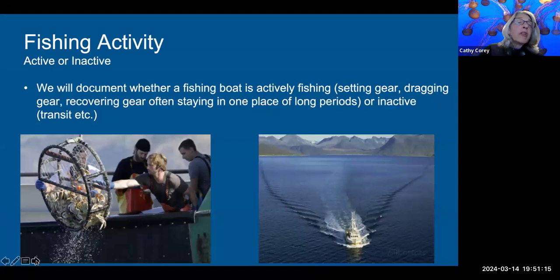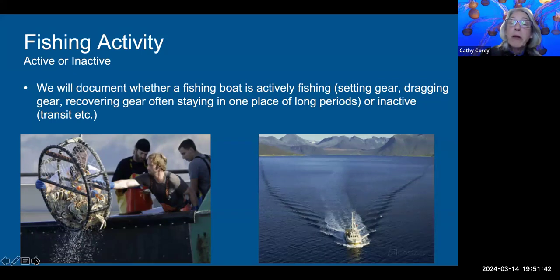We also are curious if the fishing activity, especially on boats, is active or inactive. So we'll document when a fishing boat is actively fishing. On the left is an example of that. There's a guy pulling up a big crab trap. So he's setting gear, dragging gear, recovering gear. Sometimes they'll stay in one place while they're doing that. Or are they transiting?